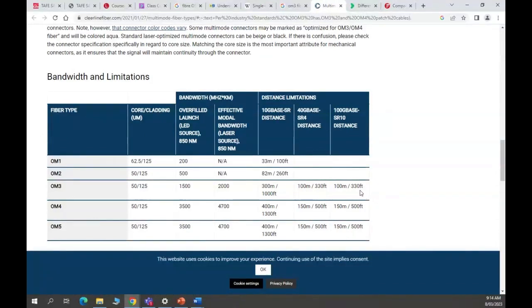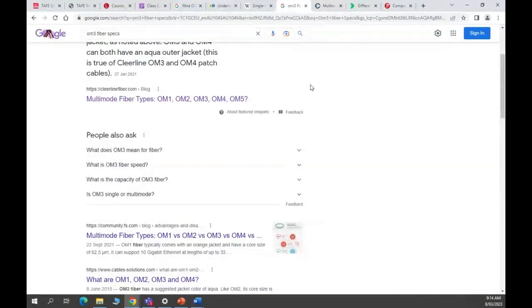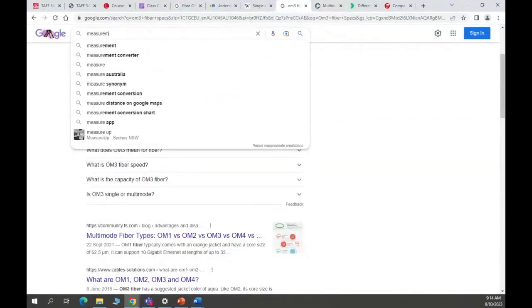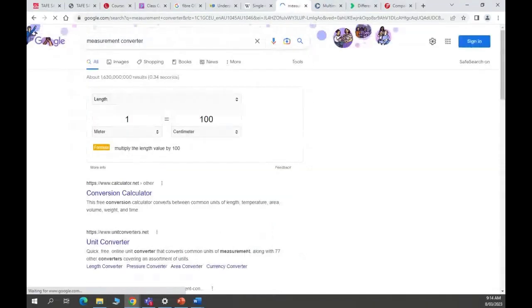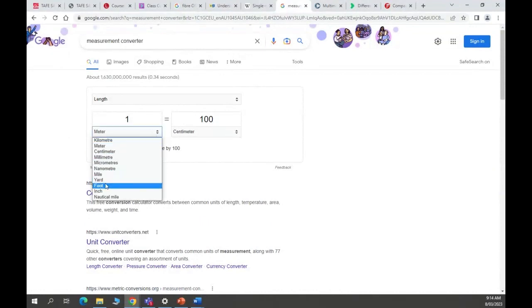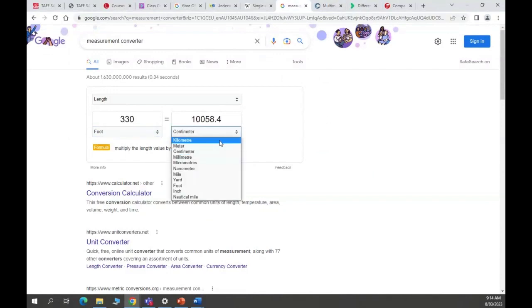So, 330 foot. I don't know what feet is. Measurement converter. I know that's the problem with a lot of things being American. 330 foot into meters is about 100 meters.